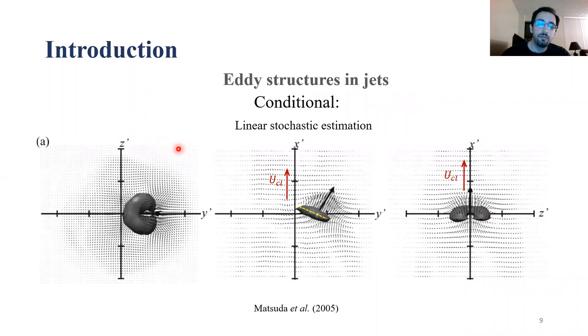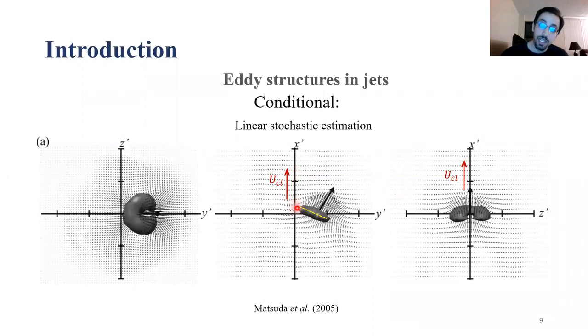Matsuda et al. also computed the conditionally averaged eddy structures, and this is what they obtained. Here we're looking at the conditionally averaged eddy structure from three views. This is a side view, so we can see that similar to wall-bounded flows, the eddy structures in jet flows also are located at an angle with respect to the streamwise direction.